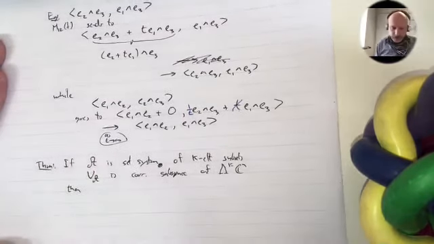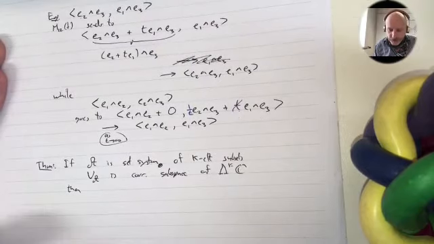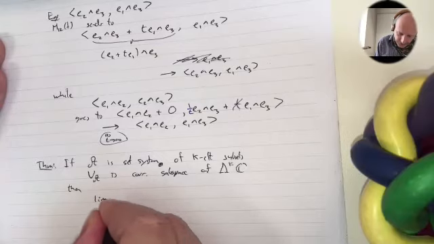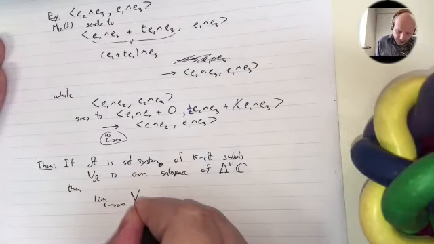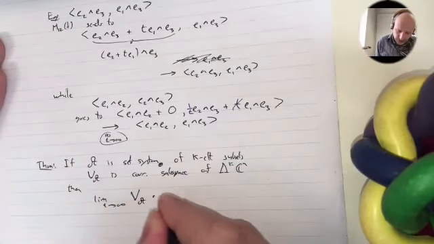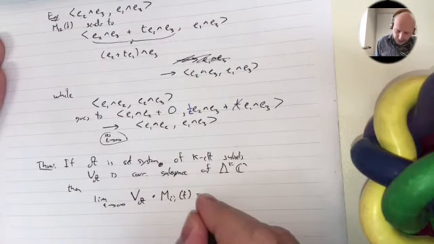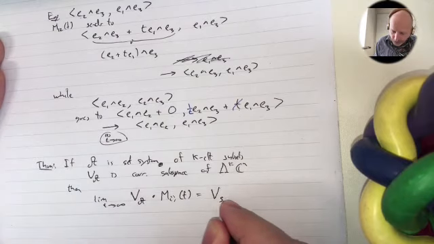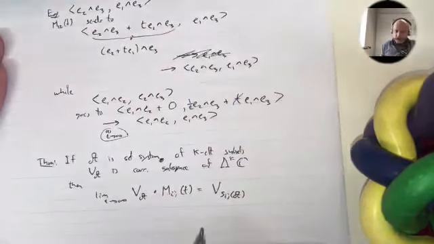Then the limit of this matrix action realizes the combinatorial shift in the sense that if I take the limit as t goes to infinity of my VA acted on by Mij of t, that's the same thing as the vector space corresponding to Sij of A.